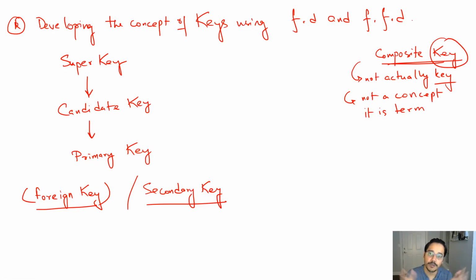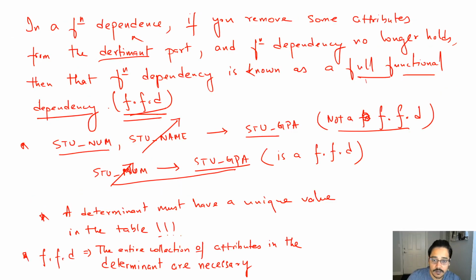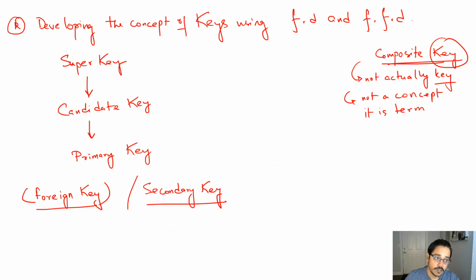So in this example, student number, comma, student name is a composite key, but that has nothing to do with the concept of determination, right? So this is just a quick note rather than an actual concept. But please do not confuse yourself.